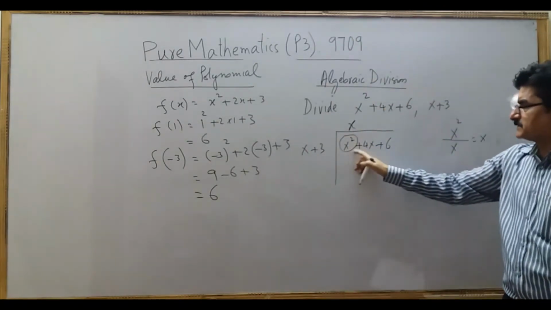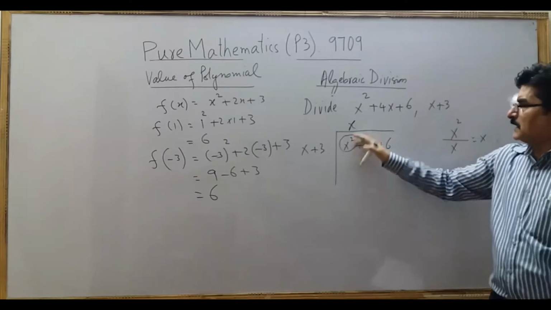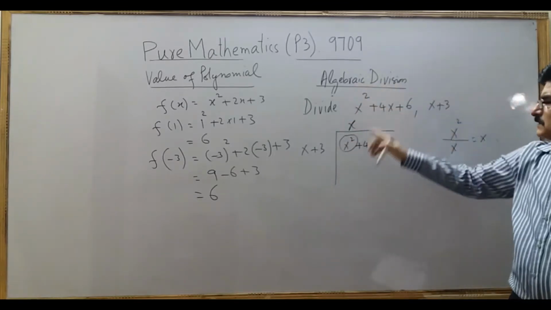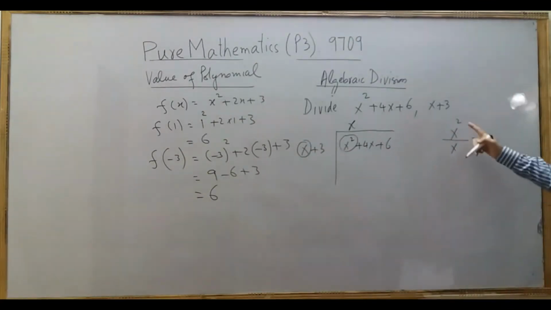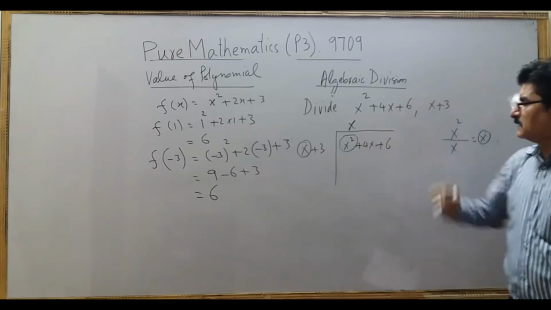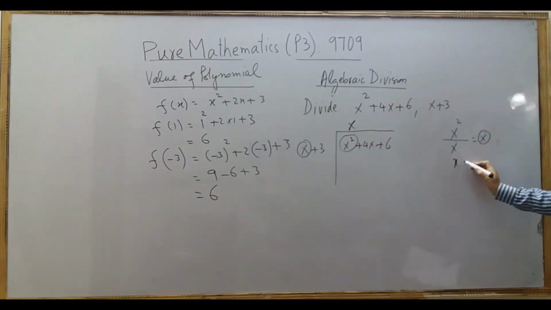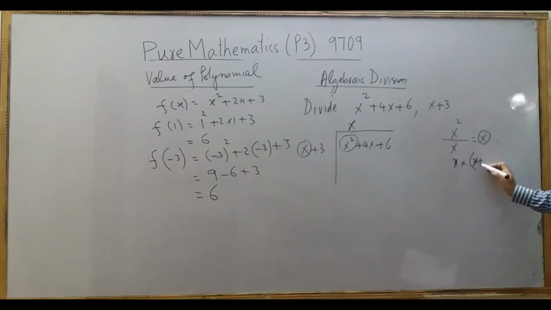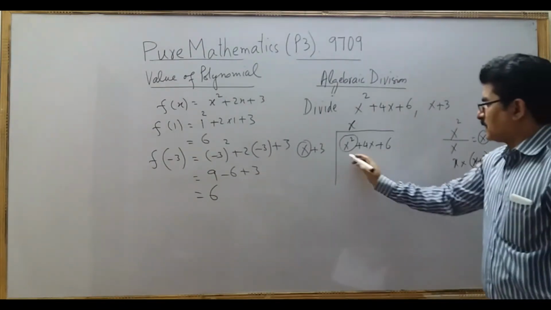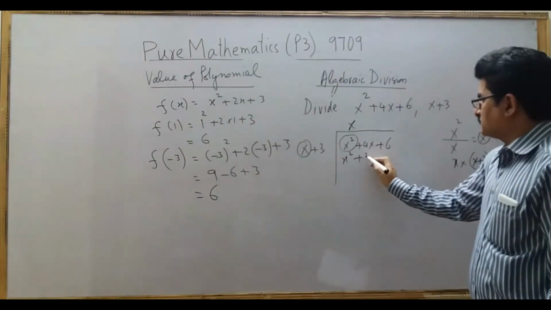First consider this first term of this polynomial of higher degree. Divide this term by the first term of this divisor. You will get x. Write this x over here and multiply this x by this whole divisor, x plus 3. You will get x square plus 3x. Now write here x square plus 3x.